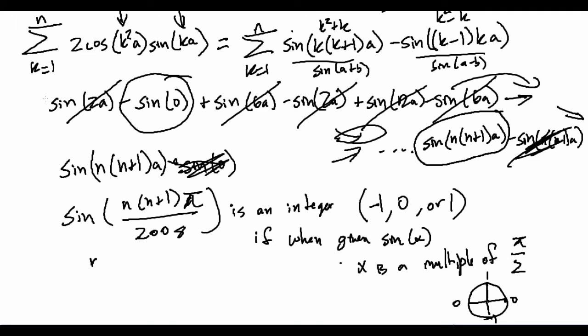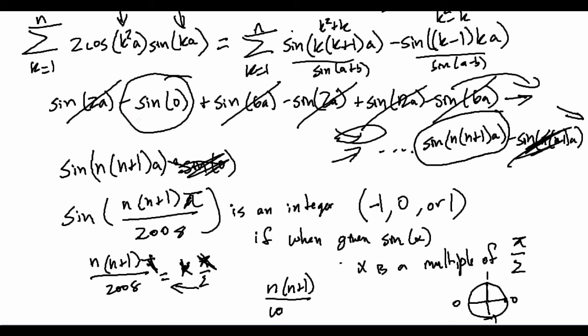So that means (n plus 1) pi over 2008 equals k pi over 2, where k is an integer. The pi's cancel out, and we move the 2 to that side, so (n plus 1) over 1004 equals some integer.